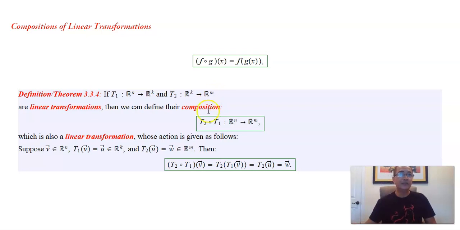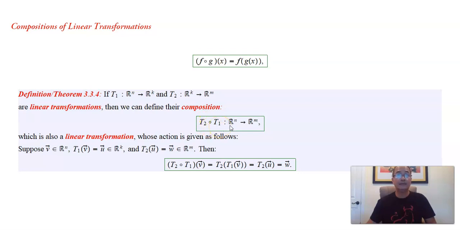So from this setup, notice we have three spaces. We have Rn, the domain for t1. Rk is the codomain for t1, but is also the domain for t2. Rm is the codomain for t2. So the composition that we will create is t2 compose t1.